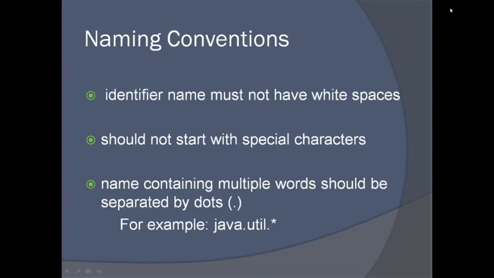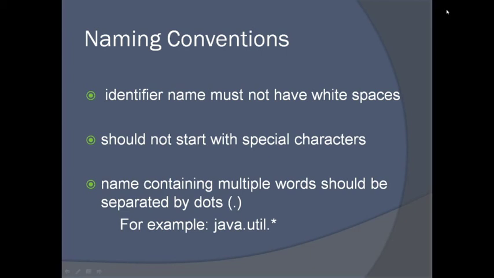Then came the naming conventions. Naming conventions are nothing but the rules which must be followed as we decide the name of the identifiers in our program. An identifier name can be anything like a variable, constant, method name, a class name, or a package name.